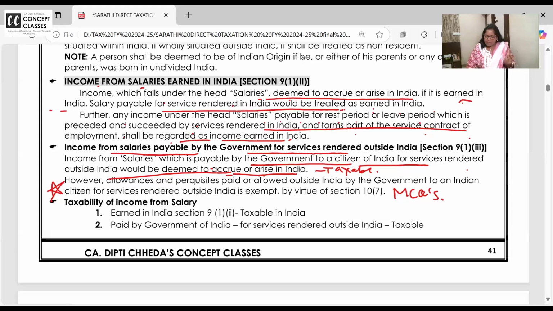If these are paid by the government of India outside India, they are exempt under section 10 clause 7. What's the gist of this? Government of India paying salary abroad, taxable. Government of India paying perquisites and allowances abroad, exempt. Clear?